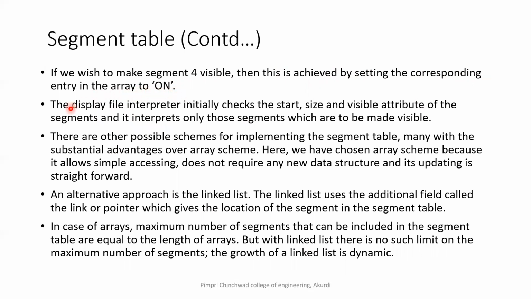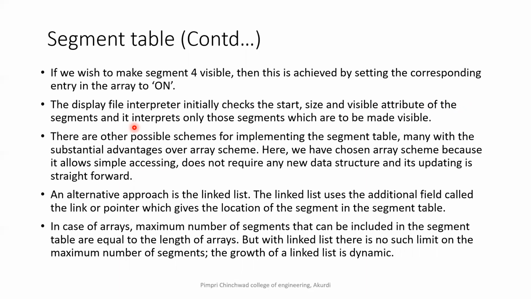The display file interpreter initially checks the start, size, and the visible attribute of the segments, and it interprets only those segments which are to be made visible. That means the attribute visibility is set to on.